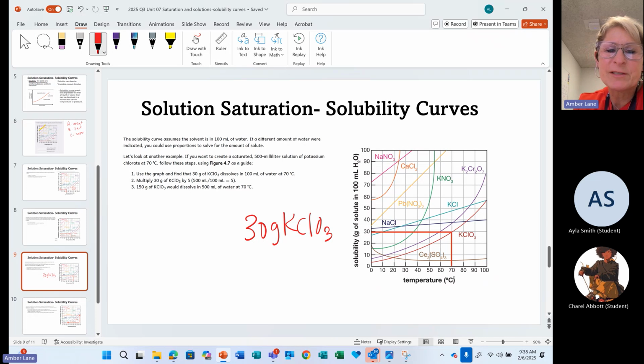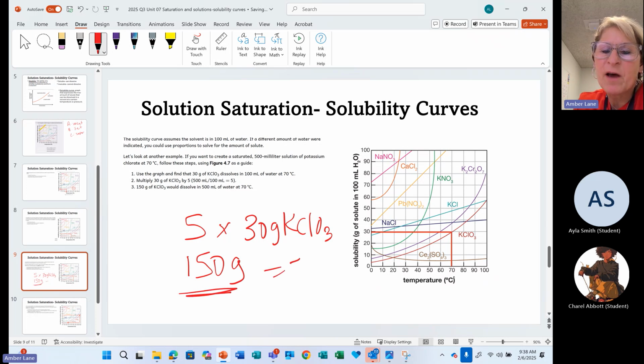So here, I think they make it a little more complicated. All you're going to do is multiply it by 5 because it's 5 times more than 100. So that's going to give you 150 grams if you had 500 milliliters instead of 100.